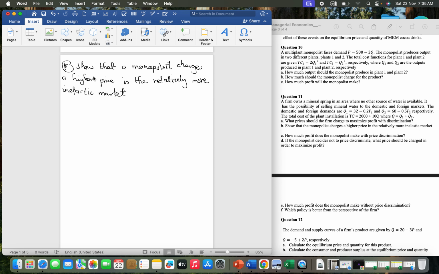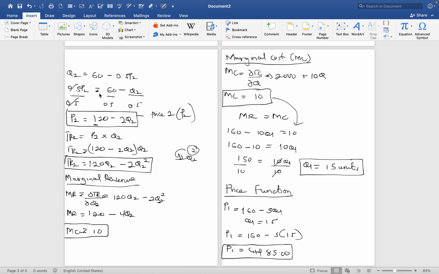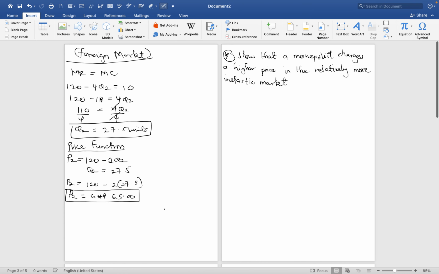Okay, higher price and relatively more inelastic market. So we are aware that they are charging a higher price in the relatively more what? Inelastic market. So they want you to prove it by showing working.